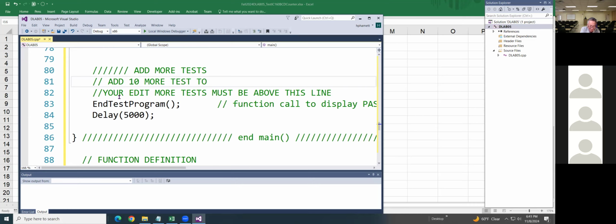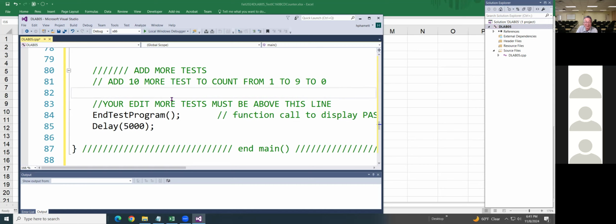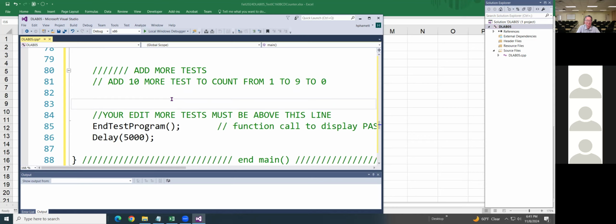To count from 1 to 9 to 0. Okay? That means you have to type in 10 more tests.